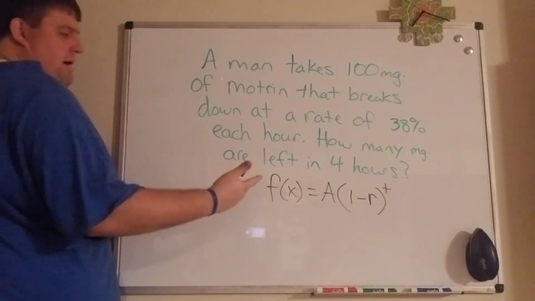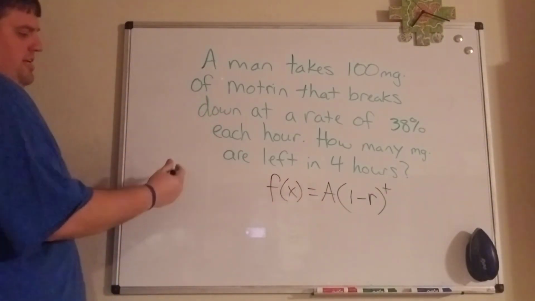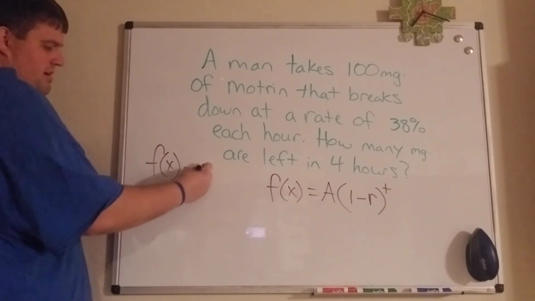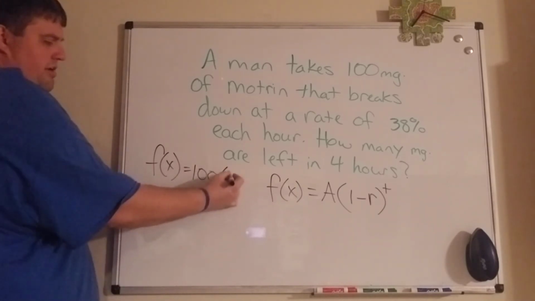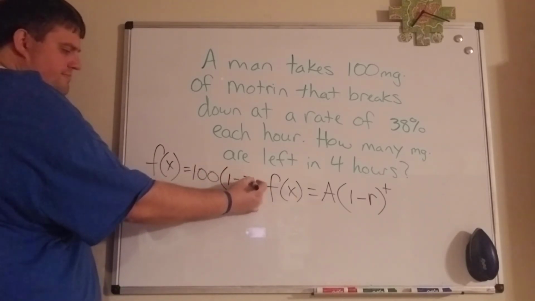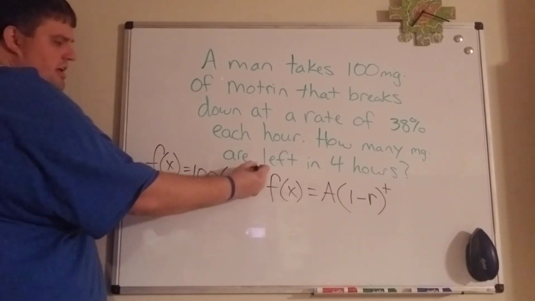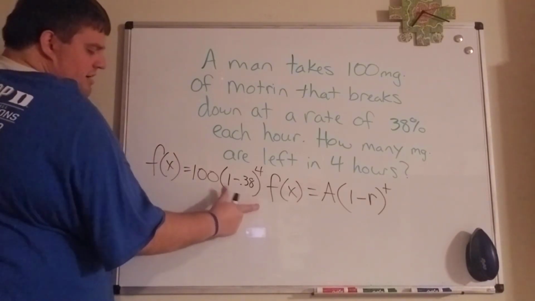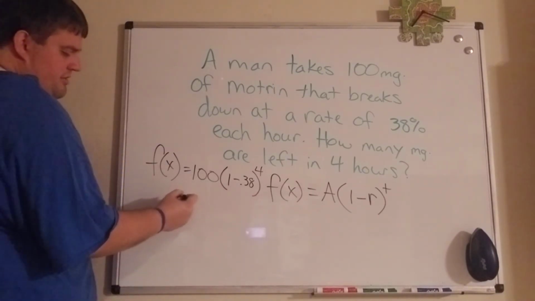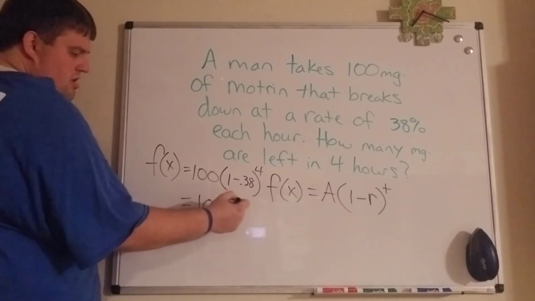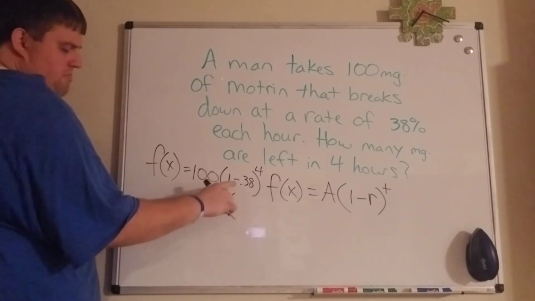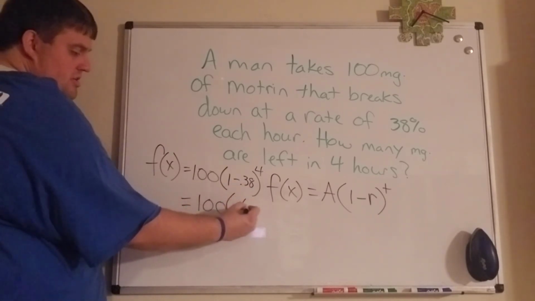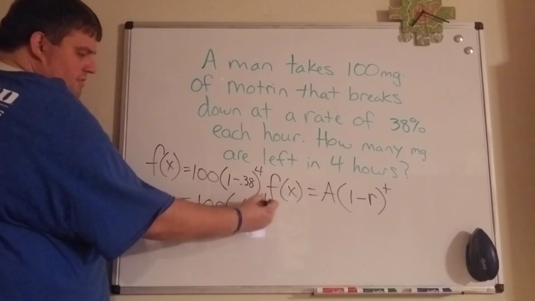So if we set this one up, the amount that we started with is 100. Let's see if we have space this time. 100 times the quantity 1 minus 0.38, all to the 4th. Cool. So on the inside here, our common ratio, 1 minus 0.38 would be 0.62 to the 4th.